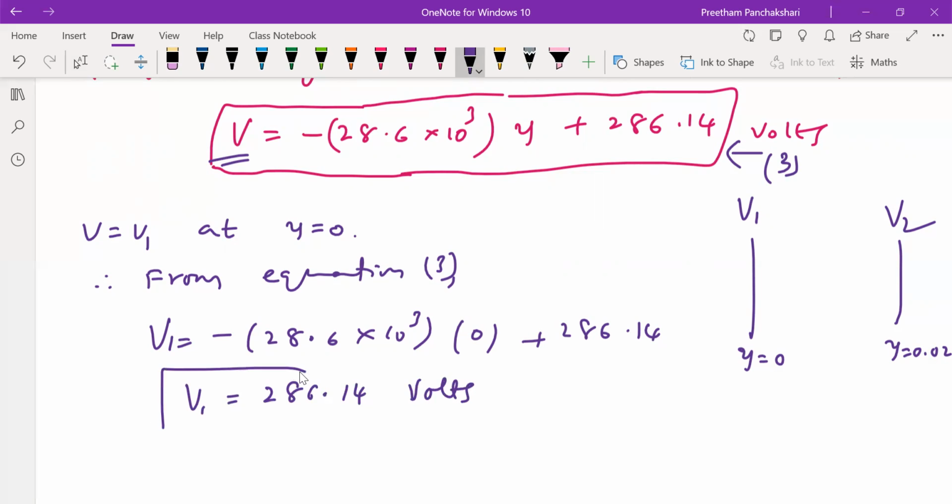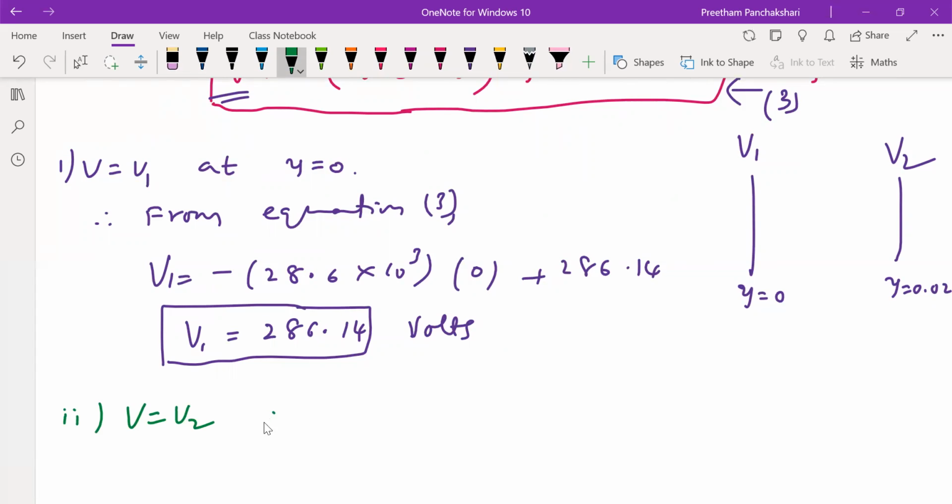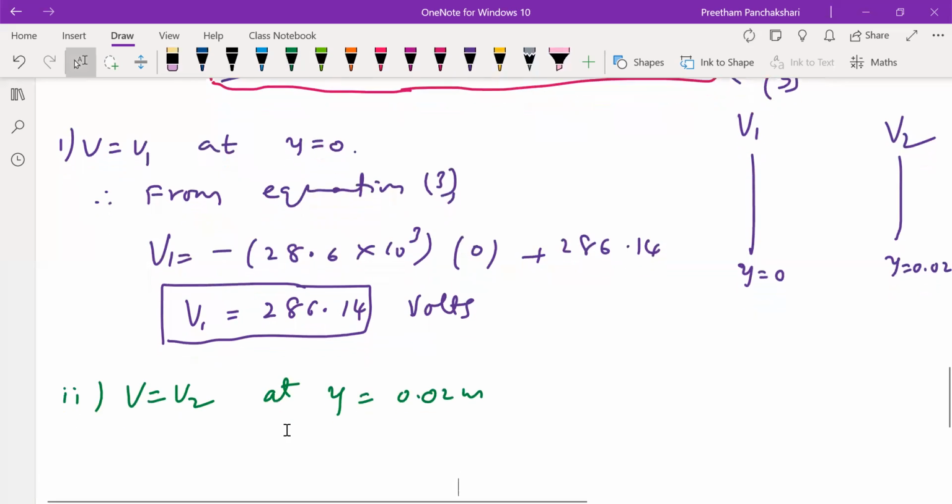This is the conductor voltage at the first plane. Similarly, I would like to find the voltage at the second plane. V is equal to V2 at y is equal to 0.02 meters. Second conductor voltage.